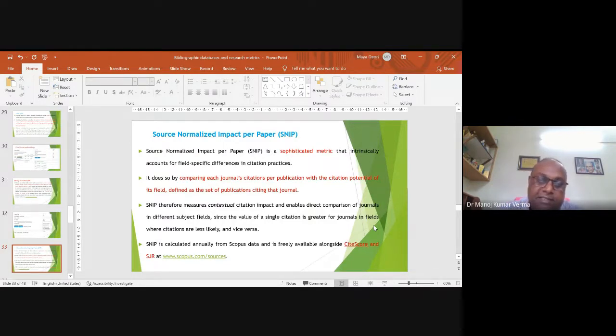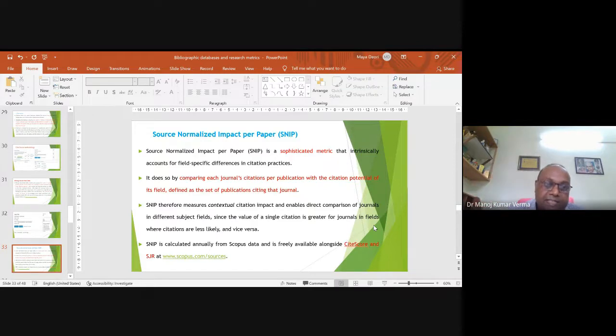So in this impact, we are comparing each journal's citations per publication with the citation potential of its field, defined as the set of publications citing that journal.